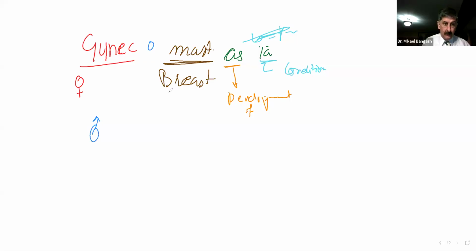So here we can say this mast just means breast.